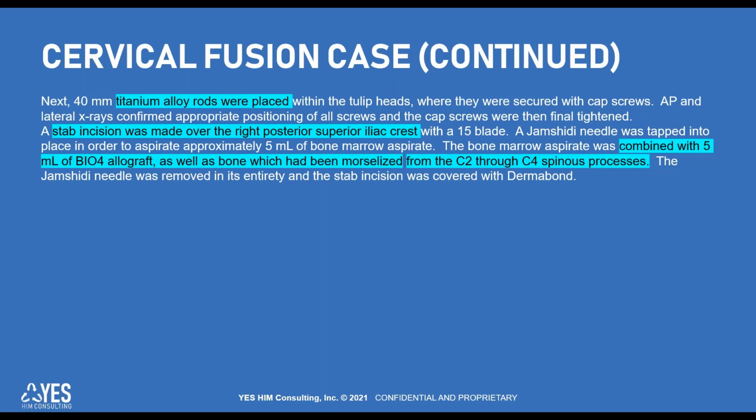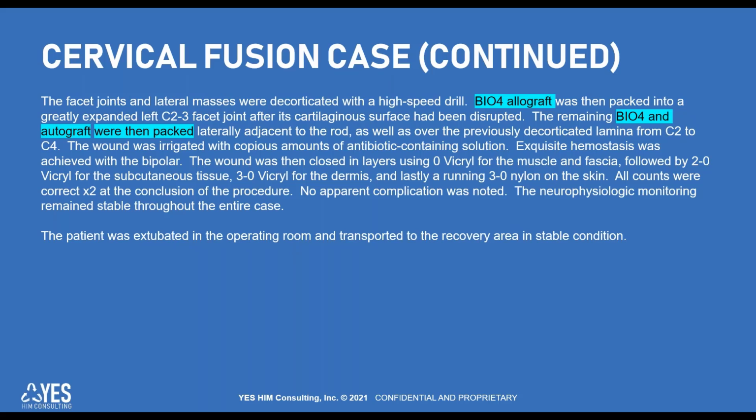They talk about bone that was morselized or chopped up from the C2 or C4 that was removed. They talk more about the allograft and the autograft, and that was packed laterally adjacent to the rod to help that rod heal. And then the patient was closed, and the patient was extubated and transported to the recovery room.